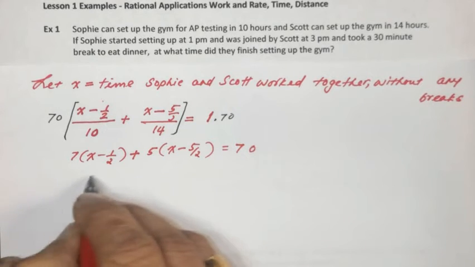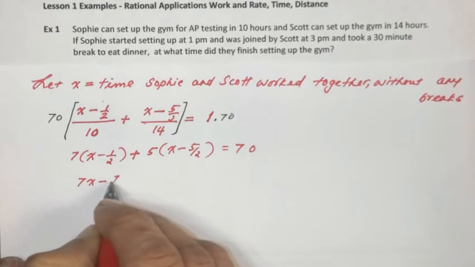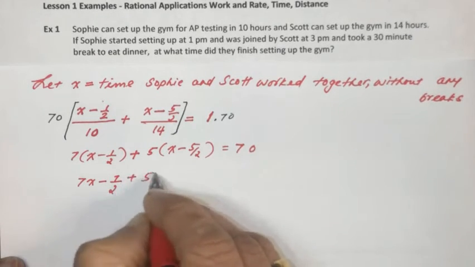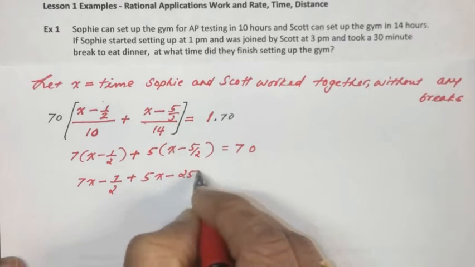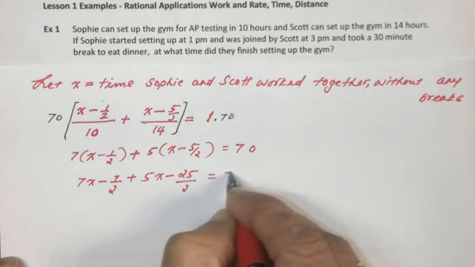So distribute: 7x minus 7 over 2 plus 5x minus 25 over 2 is equal to 70.